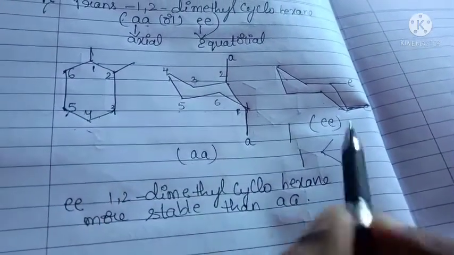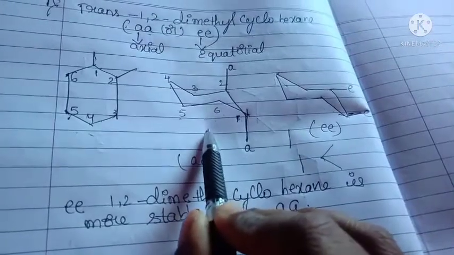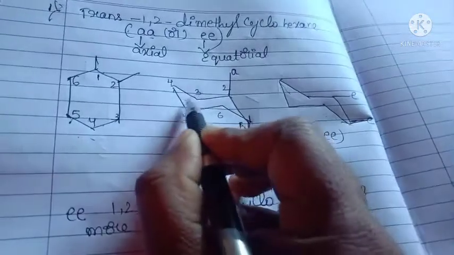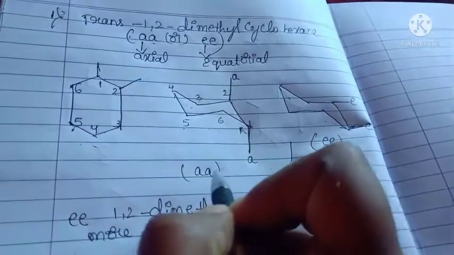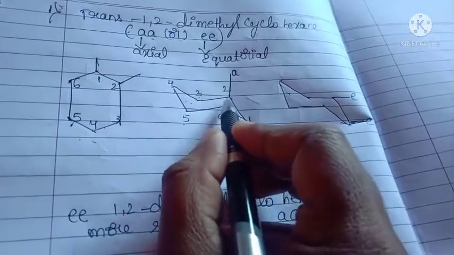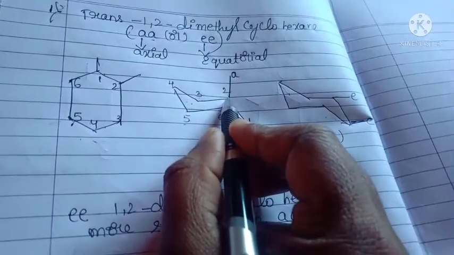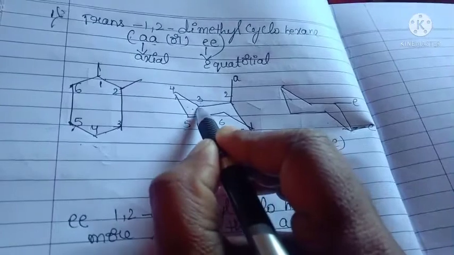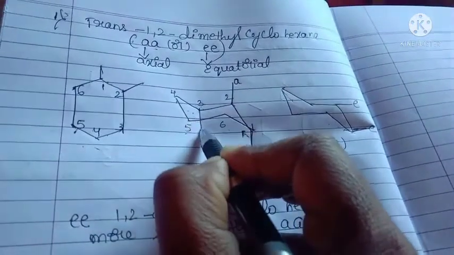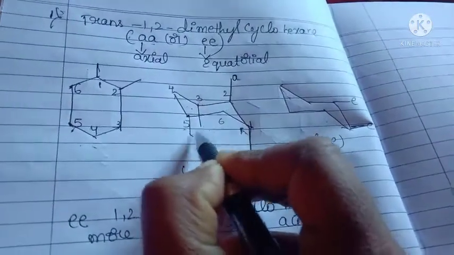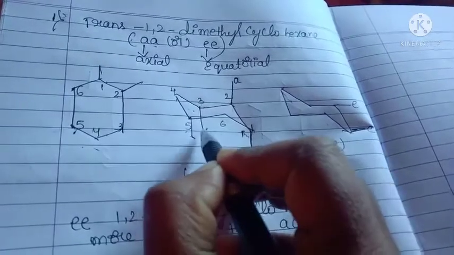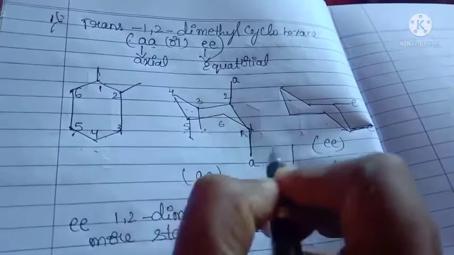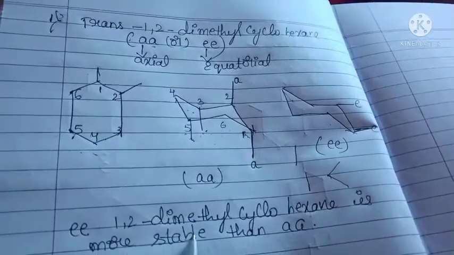In this axial position, 1 and 3 have a diaxial interaction, because one axial position is here, so the other two come here. This will be the interaction with the first carbon atom, so it is less stable.